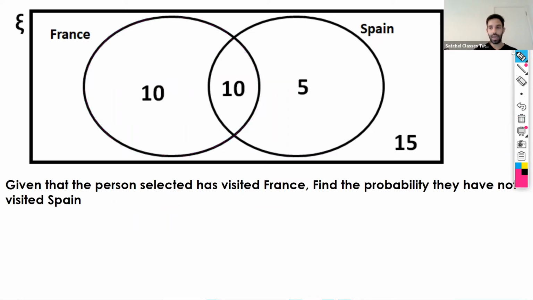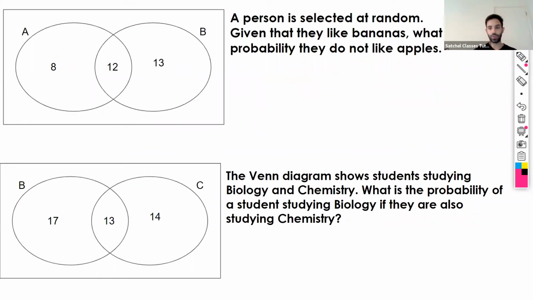All right, and let's do a few more questions. So here is another example. It says, a person selected at random, given that they like bananas, what is the probability they do not like apples? So given that they like bananas, again, our sample space has been reduced to this set here, and that's a total of 25 pupils.